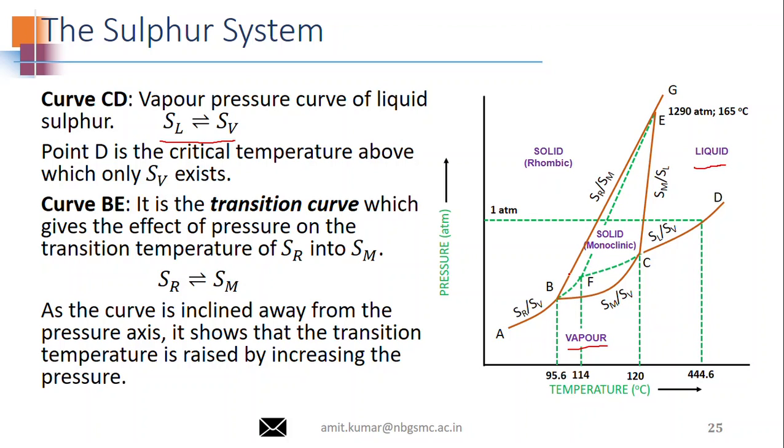As you increase the pressure, the transition temperature will increase, because this inclination is away from the pressure axis. You can also say it like this: if you draw a straight line over here and over here, assuming this temperature is 115 degrees Celsius at correspondingly 1.5 atmosphere, and we increase the pressure, the transition temperature again will increase.